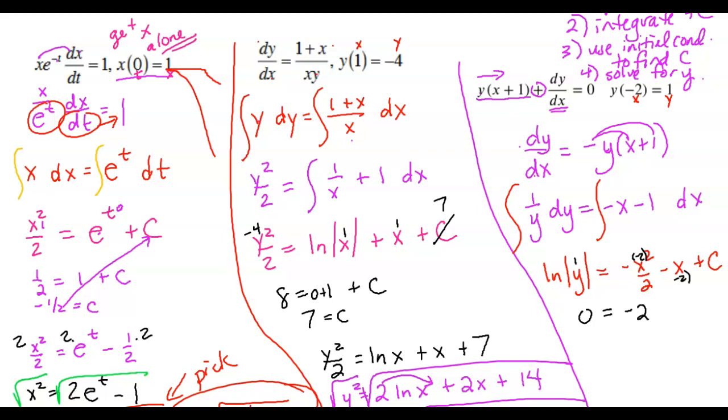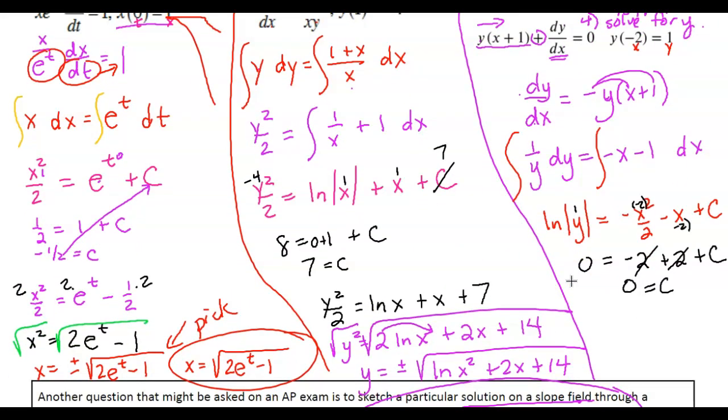Remember your order of operations, minus -2. Plus c, those cancel, so c equals 0. That does happen a lot. I just picked one so far that it didn't happen. So then we get the natural log of y is equal to -x squared over 2 minus x.